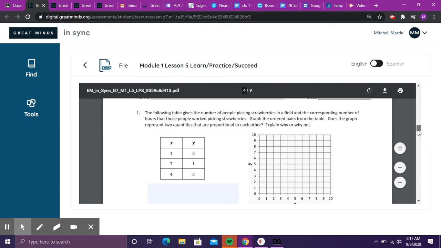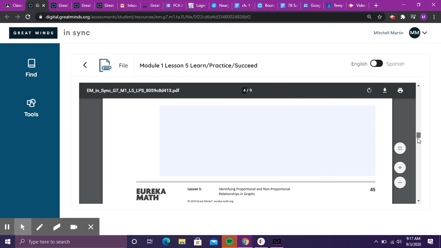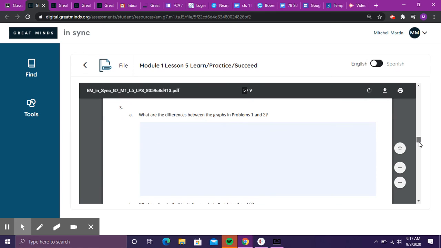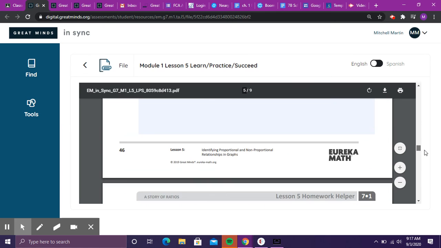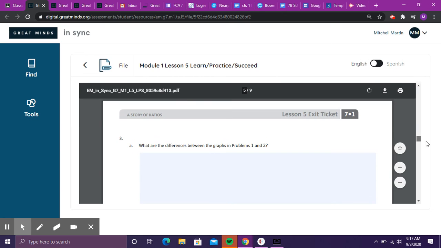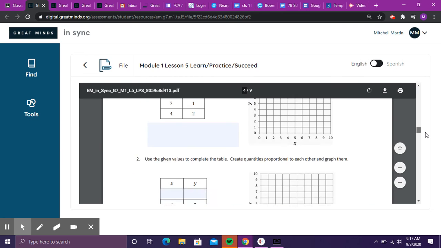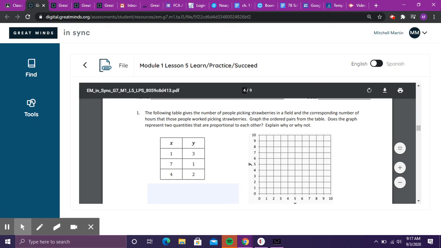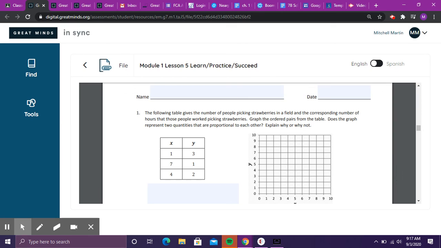But your homework is to do this lesson ticket, all on a piece of paper. There's 3 problems. I'll leave it there. Your homework is to do that, and you should have plenty of time, especially in class, because you have about 20 minutes.